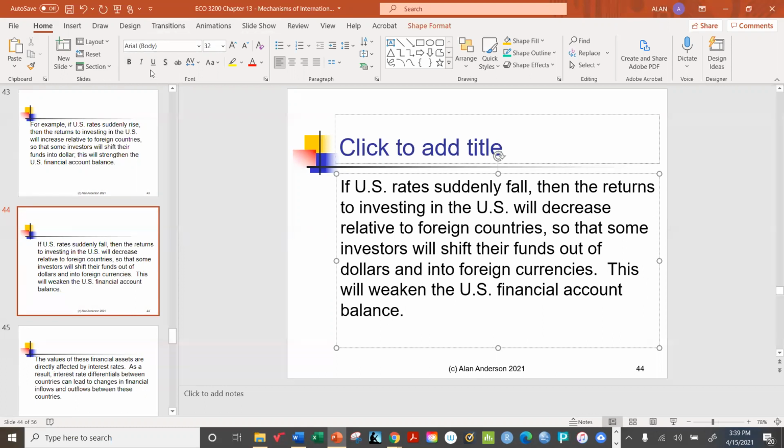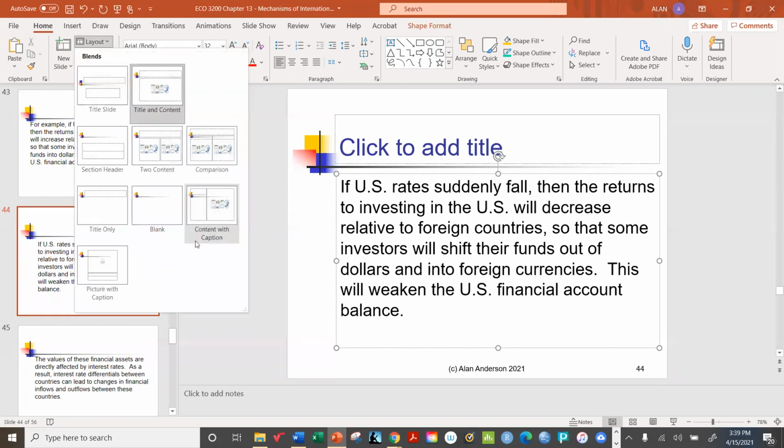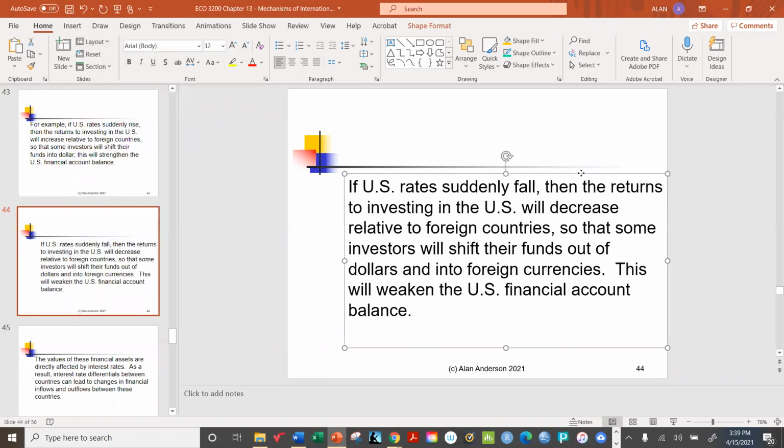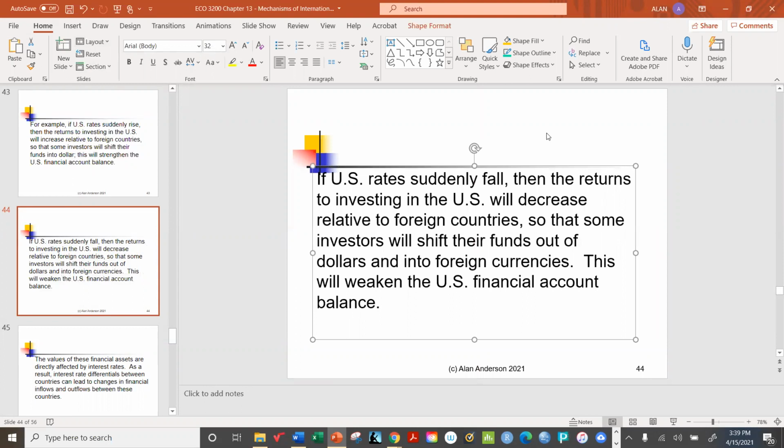So basically what we're seeing here is that unlike the current account balance, which is largely driven by prices, here we're seeing that the financial account balance and the capital account balance with it are largely driven by interest rates, because it primarily consists of investments. That's the main reason. The current account balance depends on trade in goods and services, among other things.